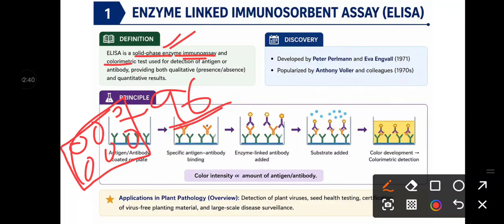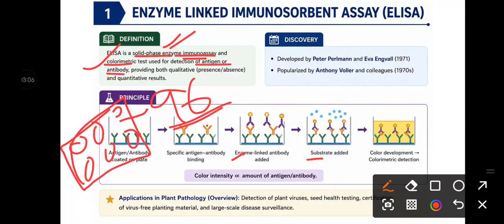And it is a colorimetric test. As I have already told you, here the color change is detected. The enzyme as well as the substrate will combine and form some color, and that color is detected in this assay. That's why it is known as a colorimetric test for detection of what? Either antigen or antibody.